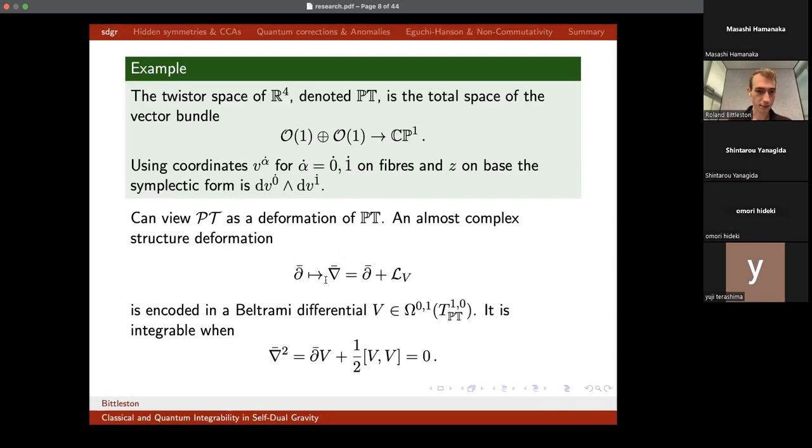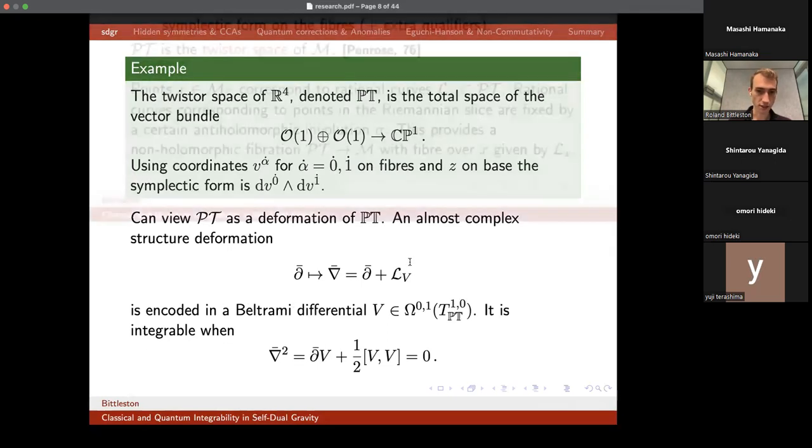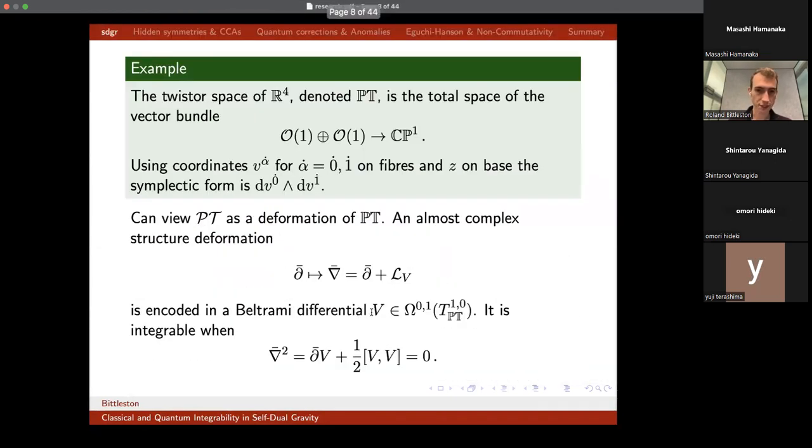So I'm going to write my Dolbeault operator on this curved PT as the d-bar operator on the PT of flat space plus some correction. And that correction is encoded in what's called a Beltrami differential. So a Beltrami differential is a (0,1)-form with values in the tangent bundle. And this describes a deformation of the almost complex structure.